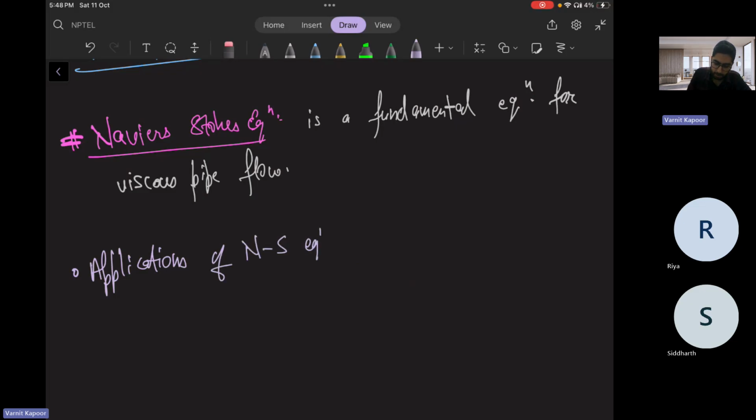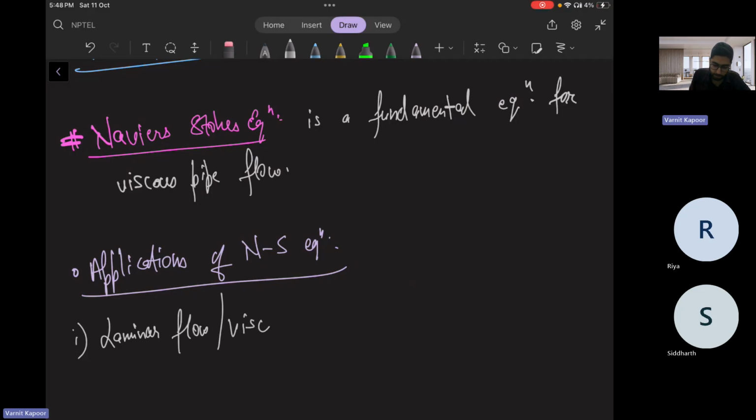First is laminar flow, or viscous laminar flow, or we can say viscous flow through circular pipe.